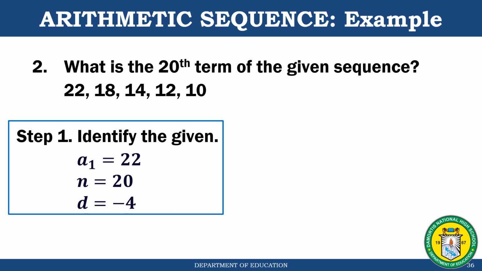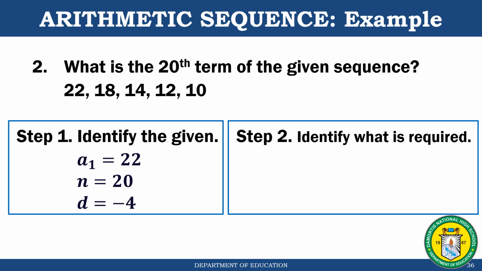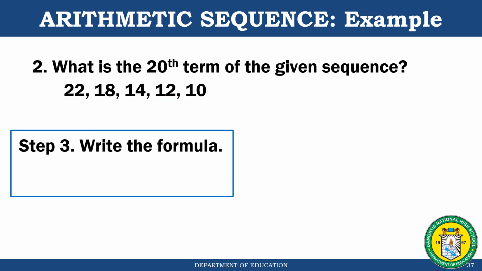Then after identifying the given, what comes next? Okay, step 2, identify what is required. And we are looking for what? Okay, correct. The a sub 20 is unknown. Then after that, what comes next? Okay, we write the formula. And what's the formula again?